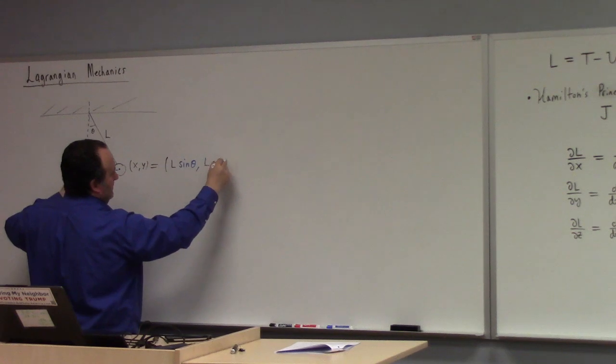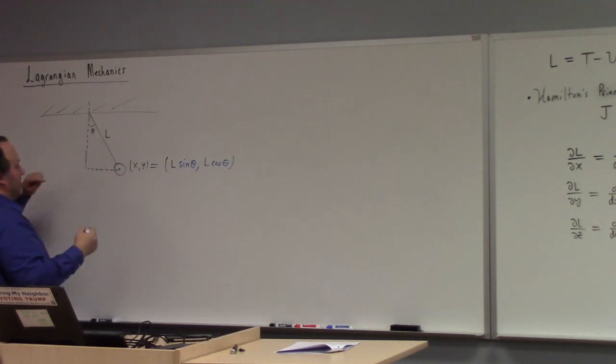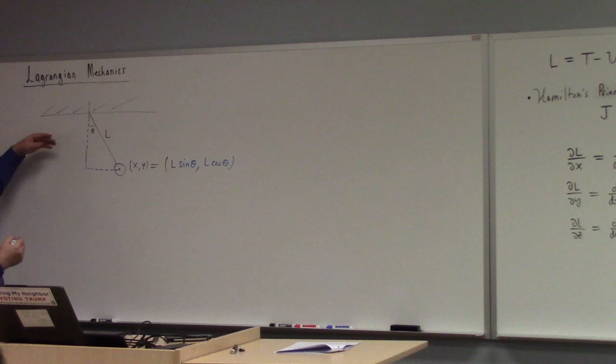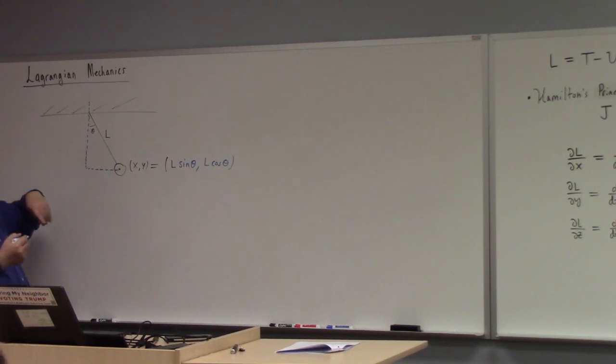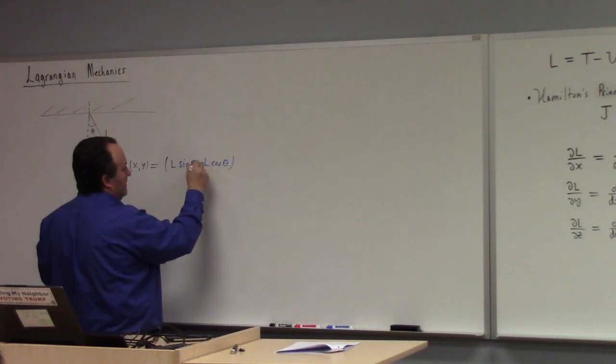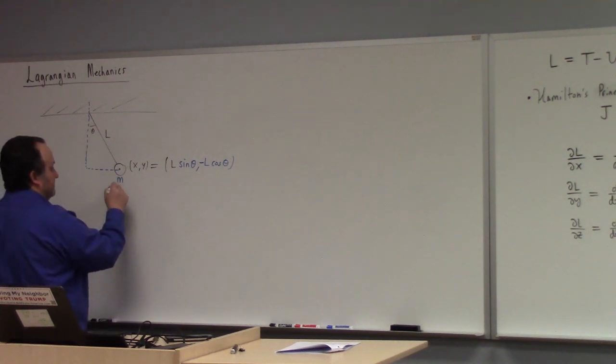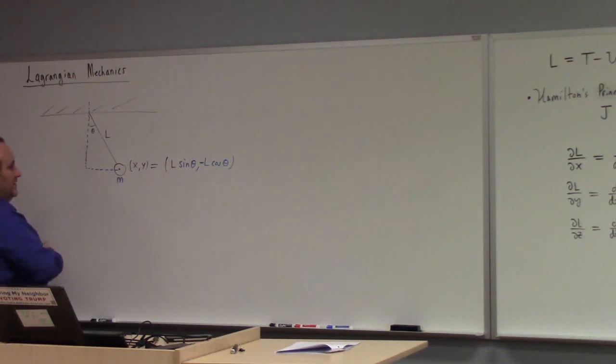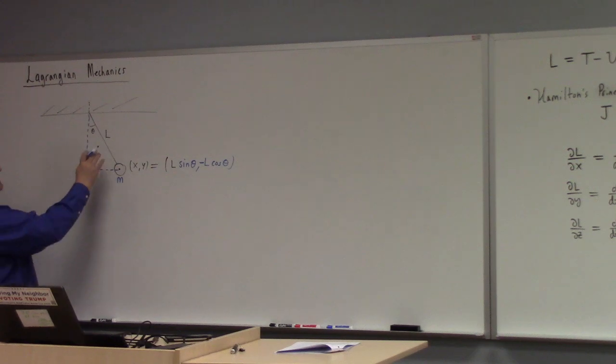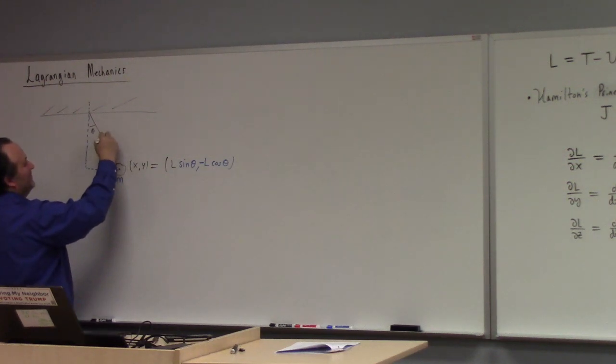L cosine theta, I think. But I guess I should put a minus on this one, right? So what's the kinetic energy here? So I may not use capital L. That's kind of a dumb move.